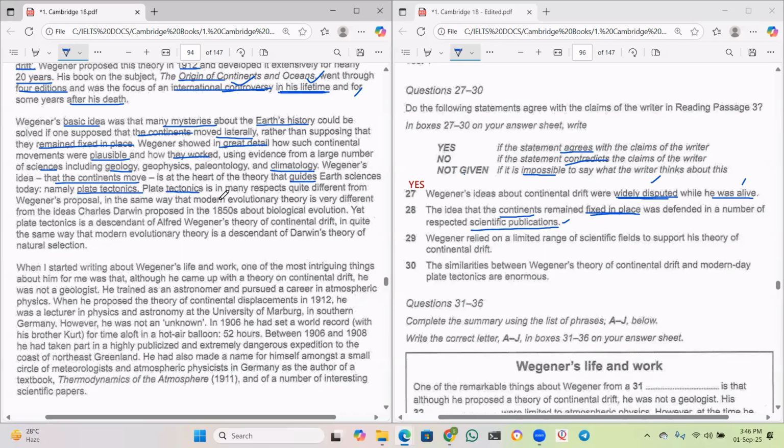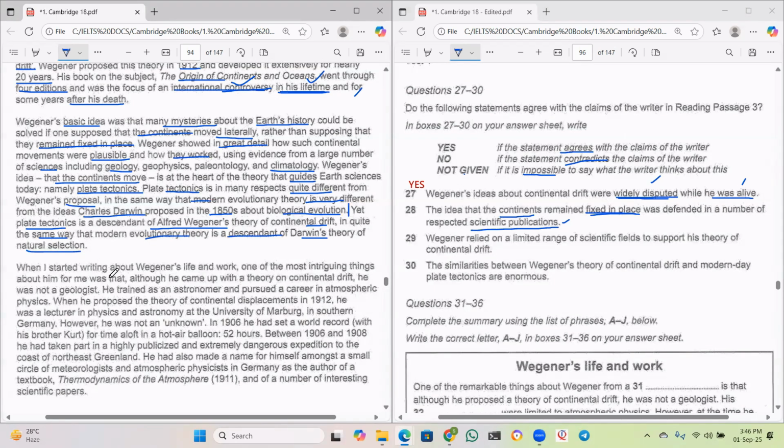Plate tectonics is in many respects quite different from Wegener's proposal, in the same way that modern evolutionary theory is very different from the ideas Charles Darwin proposed in the 1850s about biological evolution. Yet plate tectonics is a descendant of Alfred Wegener's theory of continental drift, in quite the same way that modern evolution theory is the descendant of Darwin's theory of natural selection.